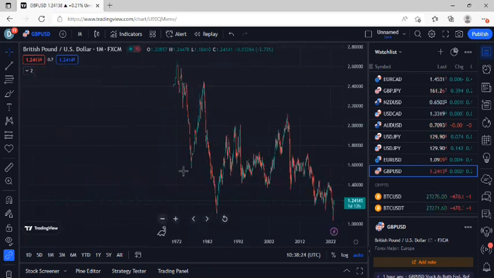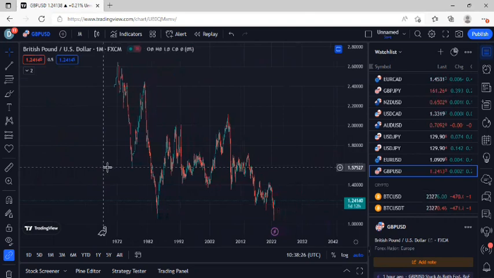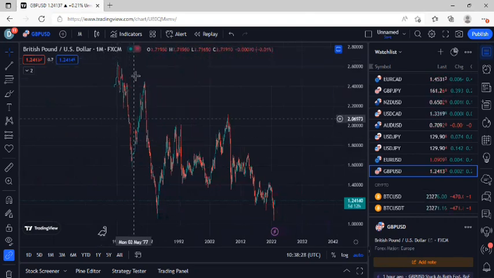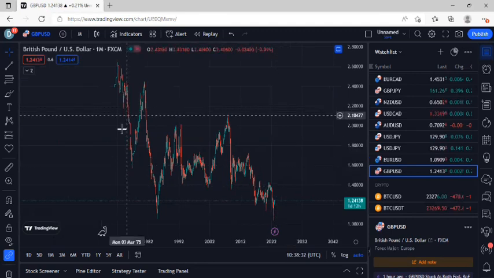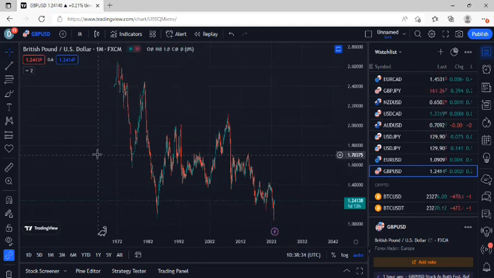If you look at my screen now, you will see the price movement of GBP USD. Don't forget, we have two types of market analysis: technical and fundamental. Under technical, we have price action. So what we're about to do now is price action. You use trend lines in price action analysis.